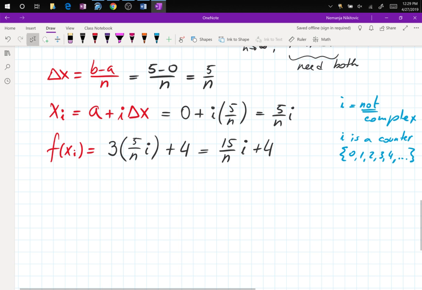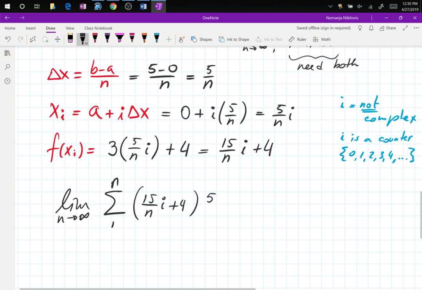So plug everything into the limit. We have limit as n goes to infinity, summation 1 to n, and now you have here, instead of f of x, 15 over n times I plus 4, and all of that gets multiplied by delta x, which is 5 over n.